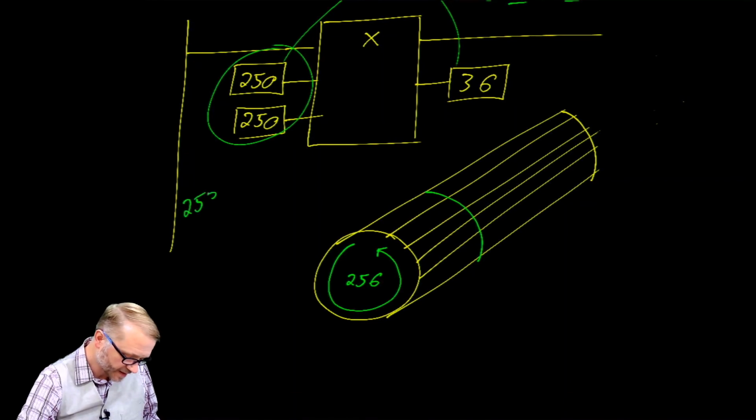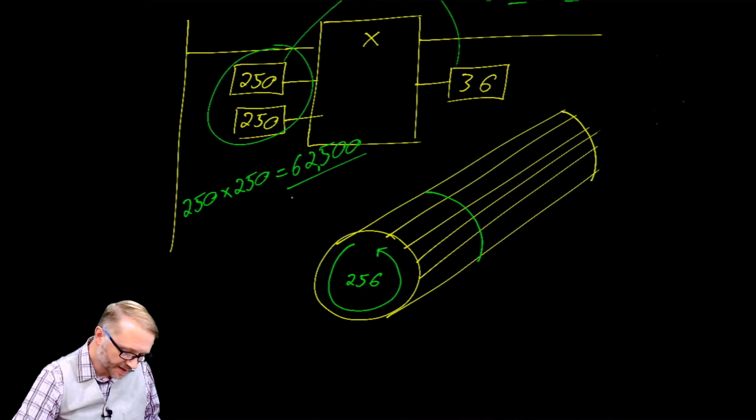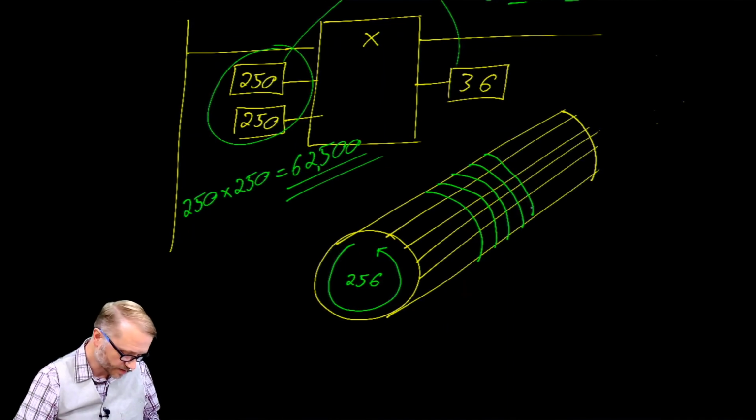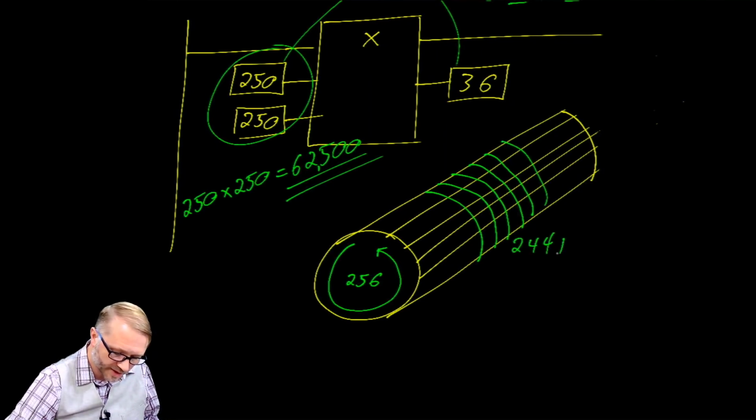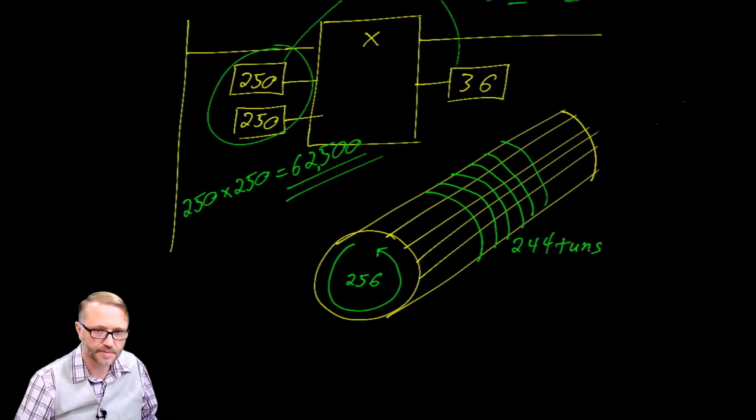So 250 by 250 is equal to 62500. Consider that the length of a string. So how many times could you wrap the string around this cylinder? And the answer is 62500 divided by 256. So you could make 244 turns onto this cylinder.